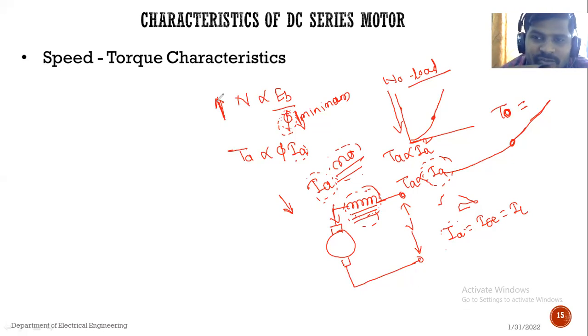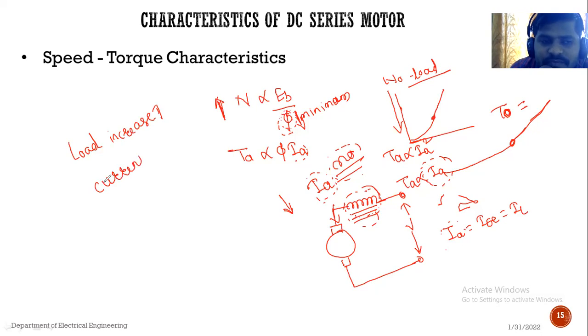When the load increases, what happens to the current? If the load increases, what is the relation with current? Current also increases, right? So that means at a minimum value of the current, the motor will achieve a maximum speed or a dangerously high speed.